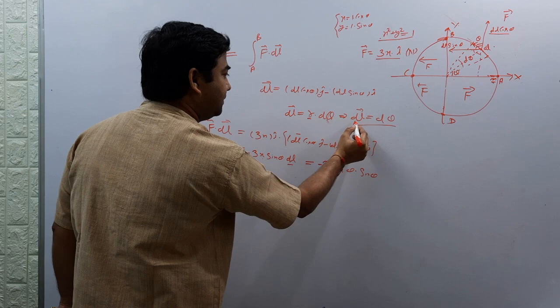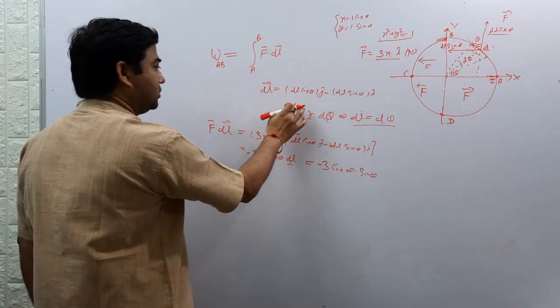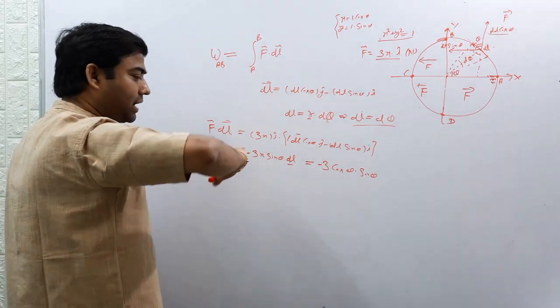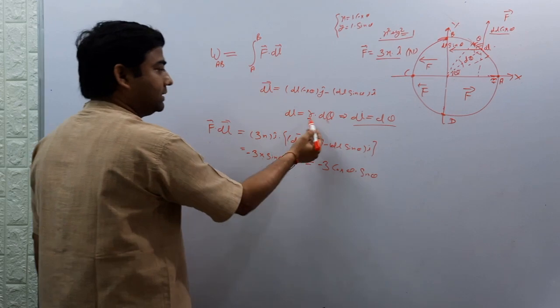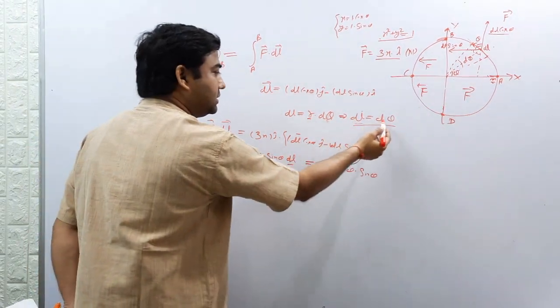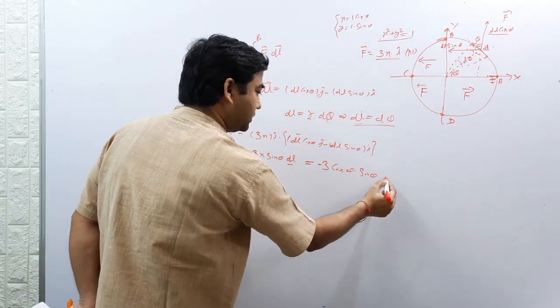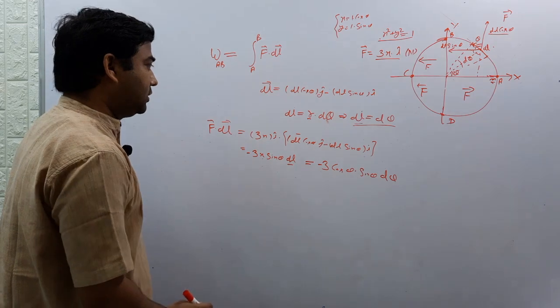This dl we have proved is d theta. This is not a vector. In vector terms, this is the arc dl and the angle subtended by that arc. We found the relation arc dl equal to d theta. So this can be written as d theta.